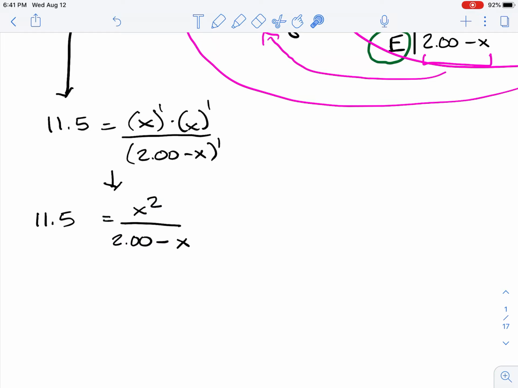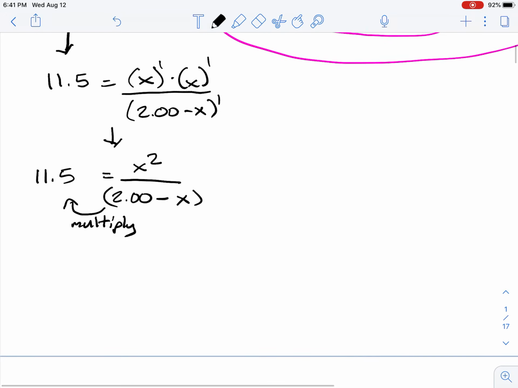And so what we have to do to solve for x is just take the denominator and move it to the other side and distribute the 11.5 to it. And so we're going to go ahead and multiply to the other side, giving us 11.5 parentheses 2.00 minus x equals x squared.